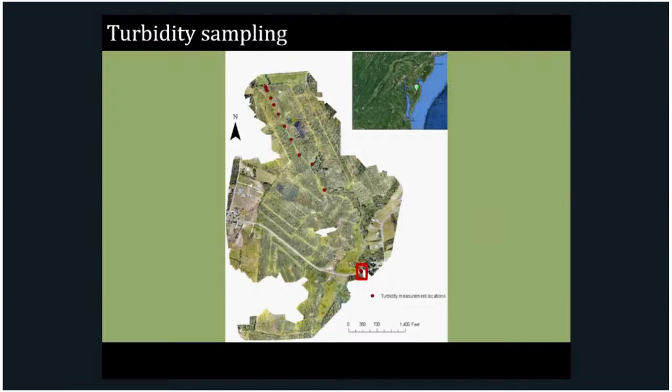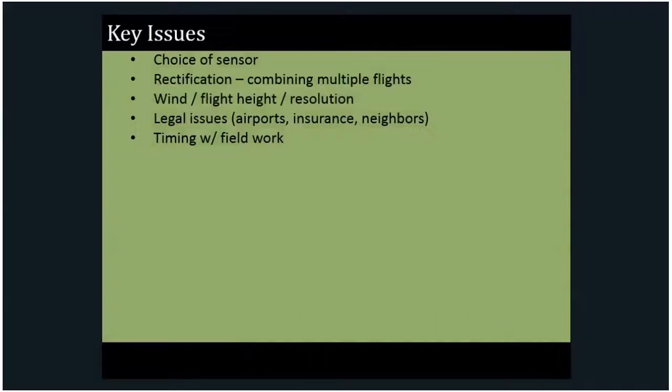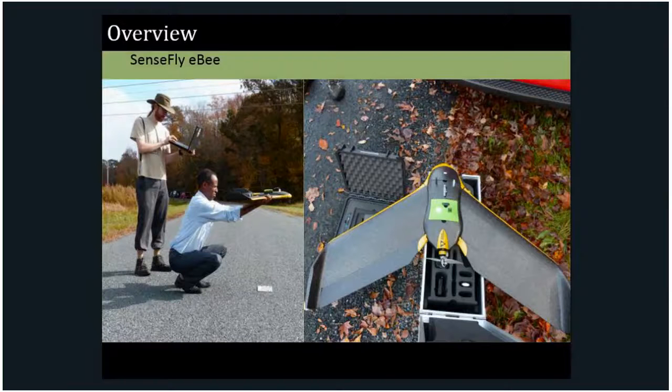The first time that we did fly was a little bit of a disaster. We did manage to get the data, so it was all there. But this was in the days before you could actually fly a multi-spec camera.